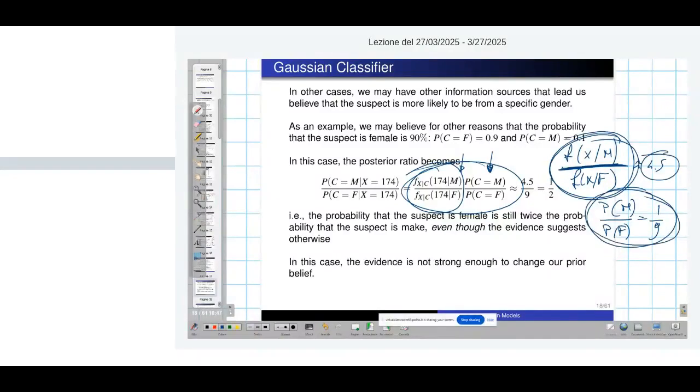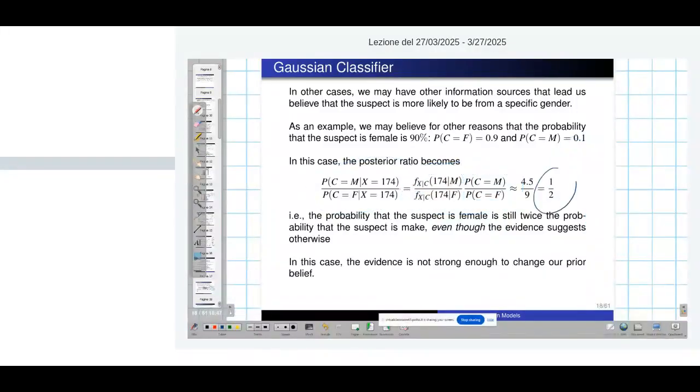But the prior probability tells me that I have to pay attention because there is a much higher chance to observe female. So the combined effect, finding somebody who is both 174 and female, there are twice the amount of people who are 174 and female with respect to the people who are 174 and male, which tells us that the class posterior probability ratio is 1:2.